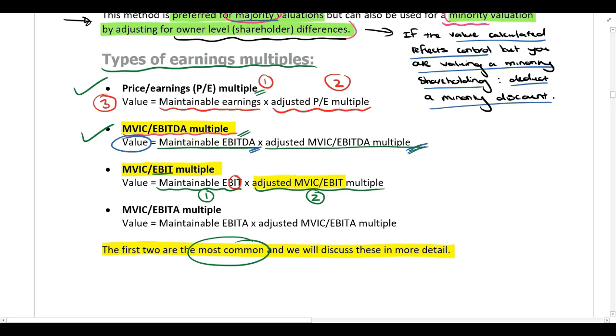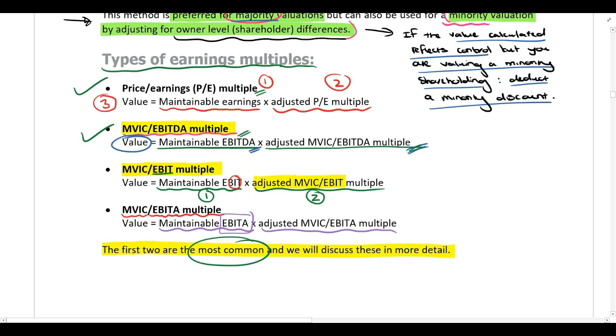If they give you the market value of invested capital over earnings before interest, tax, and amortization, then obviously when you are calculating your maintainable earnings, you must calculate earnings before interest, tax, and amortization, because your earnings must be comparable to the multiple.